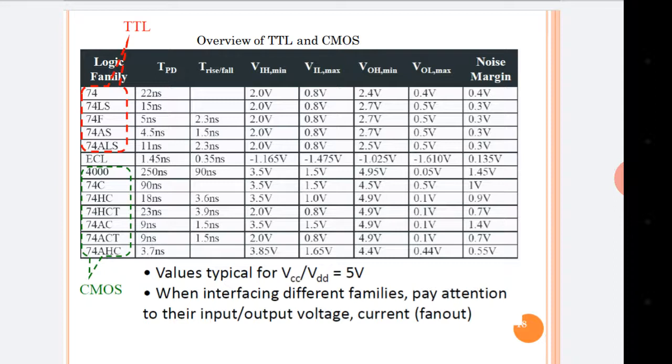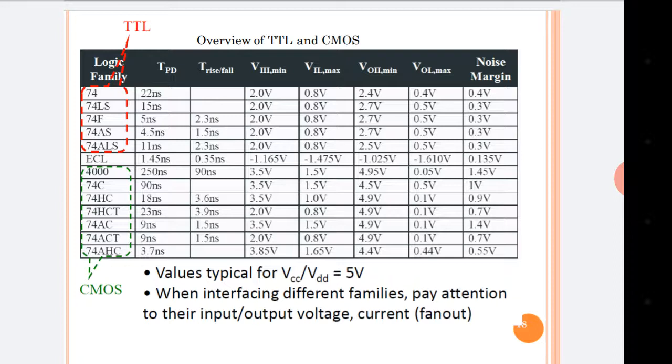Then rise and fall time, VIH, VIL, VOH, VOL. These are the voltage parameters. VIH is the high level input voltage, VIL the low level input voltage, VOH is the high level output voltage and VOL is the low level output voltage. Also the noise margin is the difference between voltage levels.